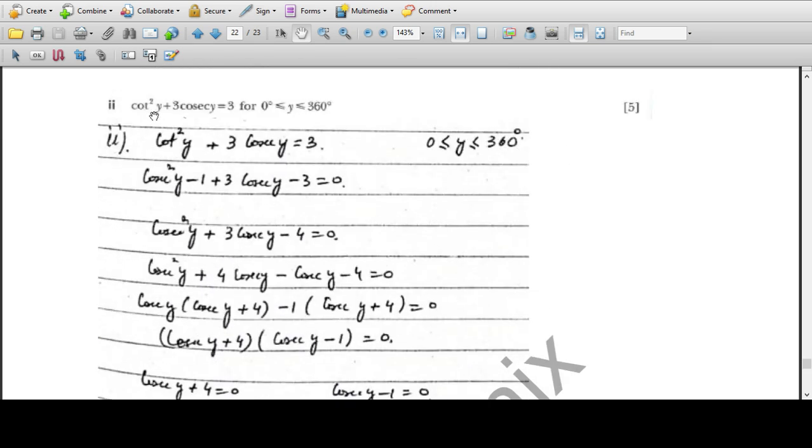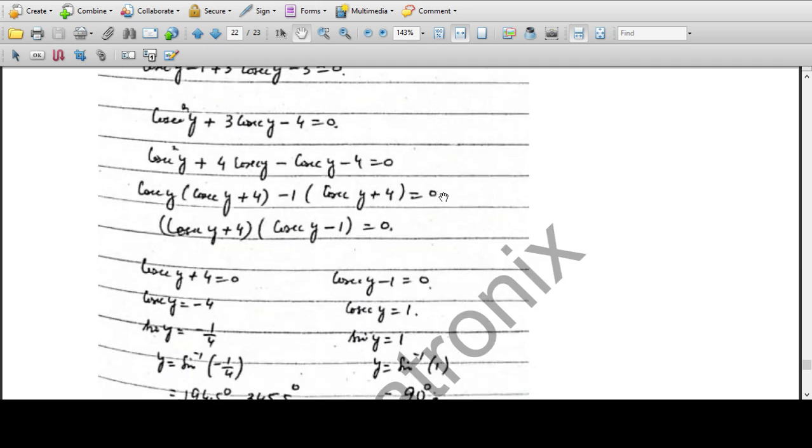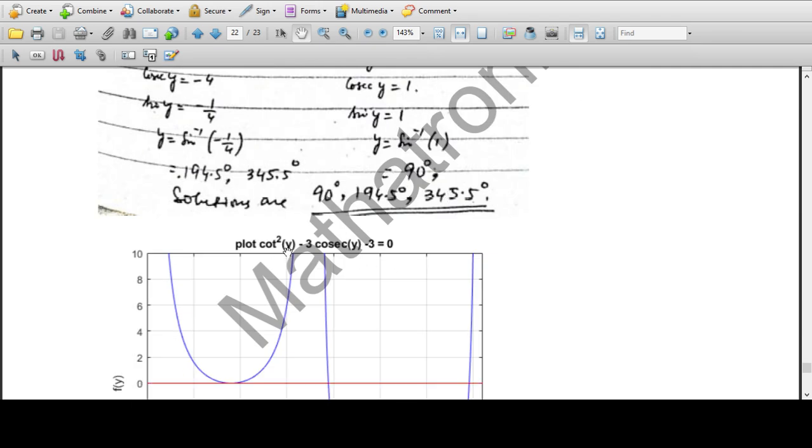We plotted this value, cot square y plus 3 cosec y minus 3 is equal to 0. As a result of plotting, we have obtained this blue curve, which is cot square y plus 3 cosec y minus 3, equated with 0.